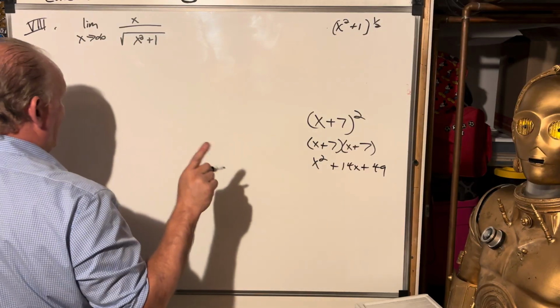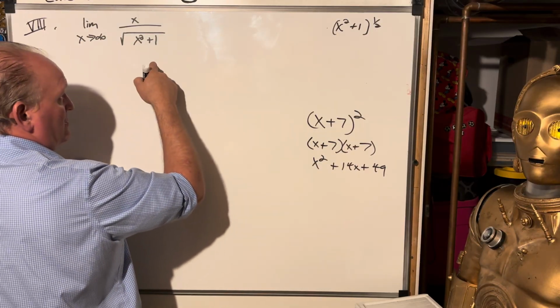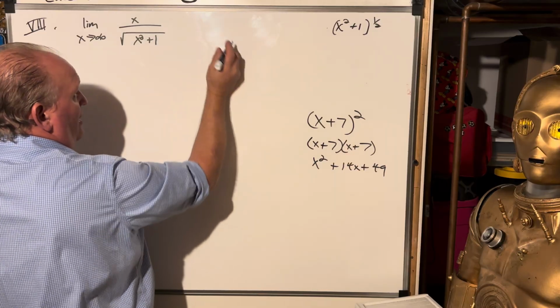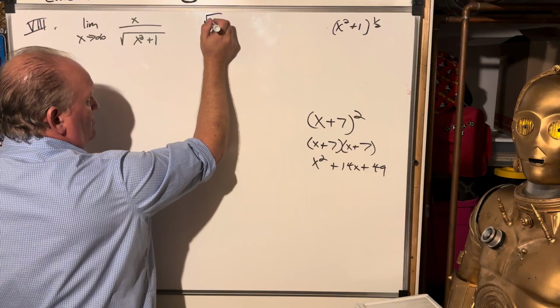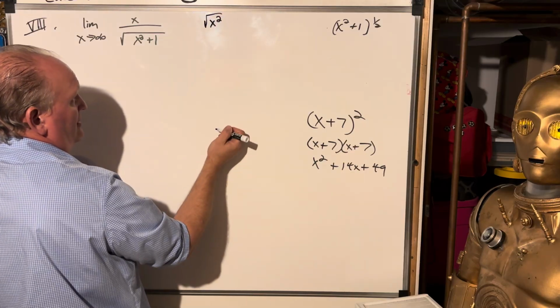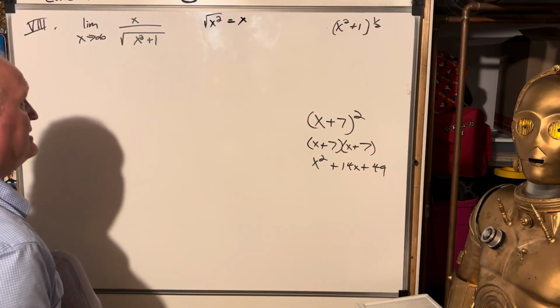What we can do is divide square roots by other square roots. So I'm going to take the square root of x squared, which is just x, and divide everything by that.